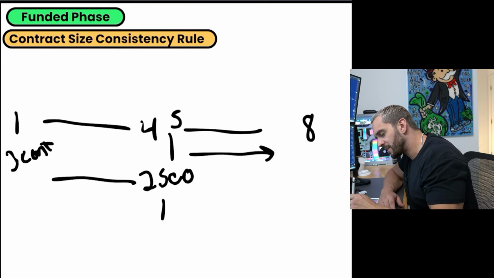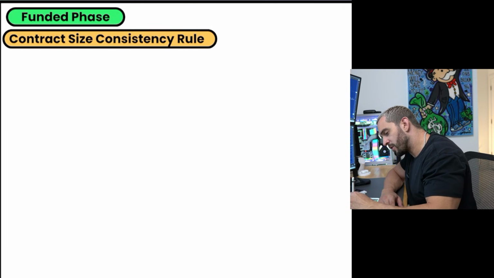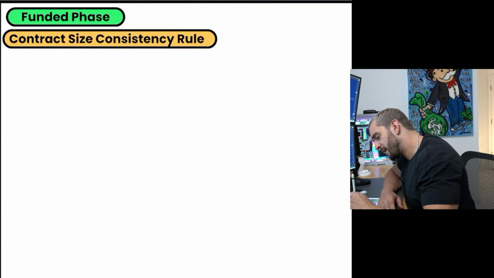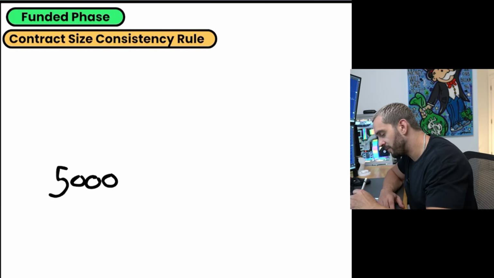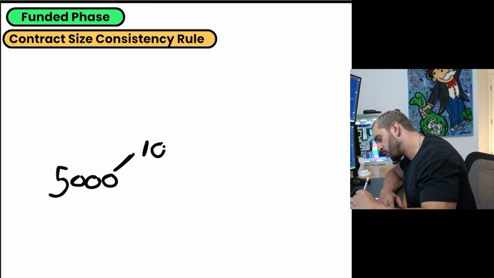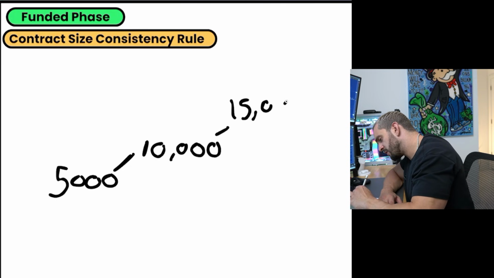Now there's something else that they talk about too on their website, and let's play this one out. Let's say you're trading and you have profit of $5,000. After a week, you have $10,000, and you keep going to $15,000, right?